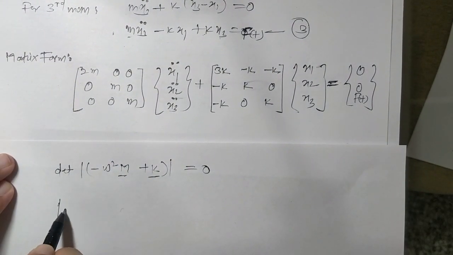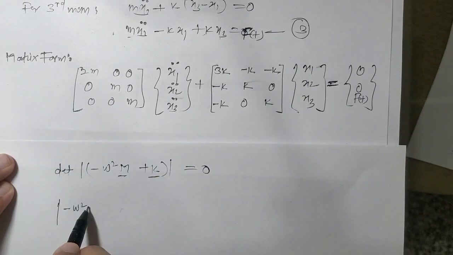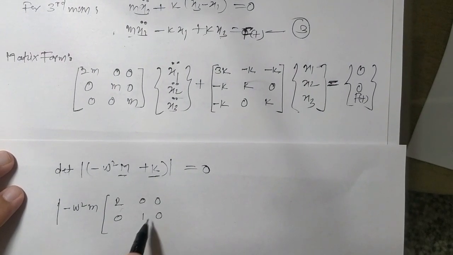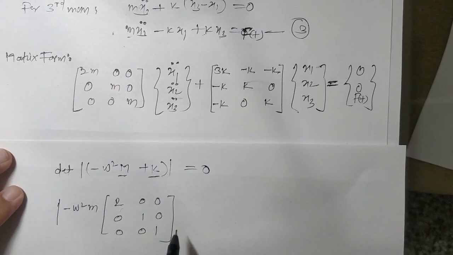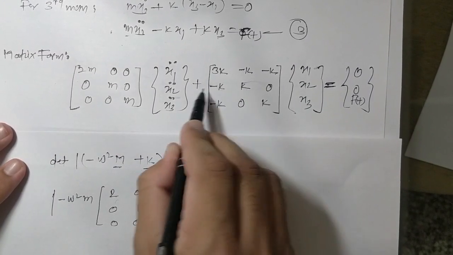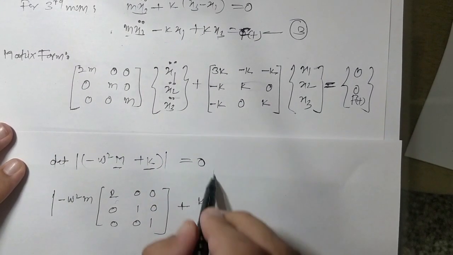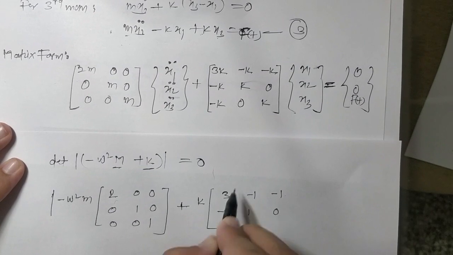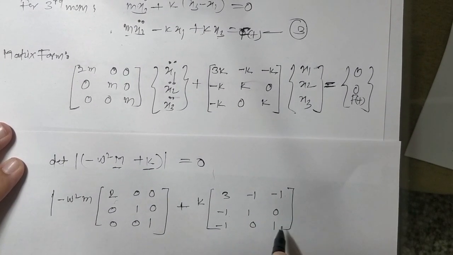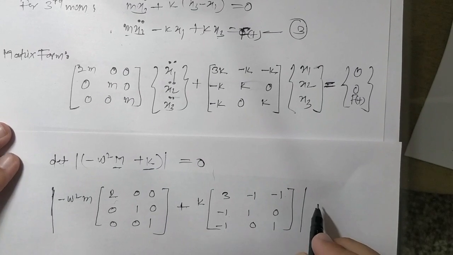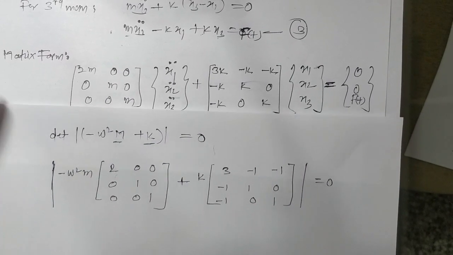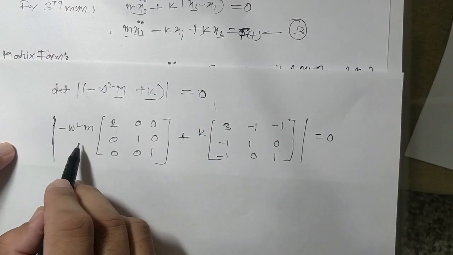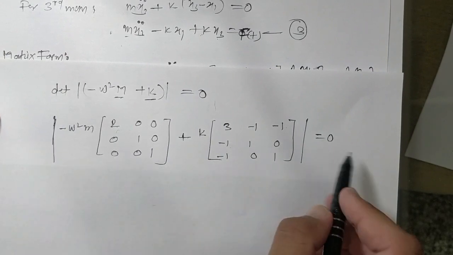So this becomes minus omega square, we take the m out, so this becomes 2 0 0, 0 1 0, 0 0 1, and plus, if we take the k out, this becomes 3 minus 1 minus 1, minus 1 1 0, minus 1 0 1, and the determinant of this is equal to 0. To make it convenient, we can divide this equation throughout by k.